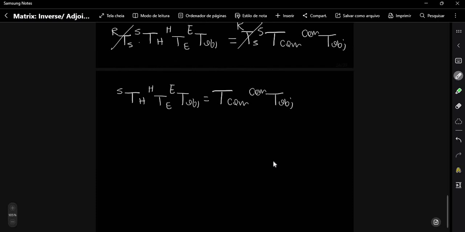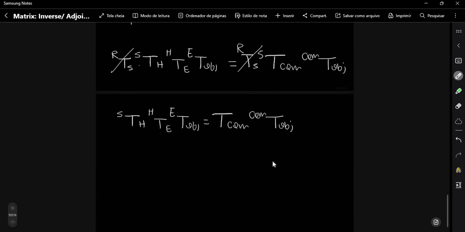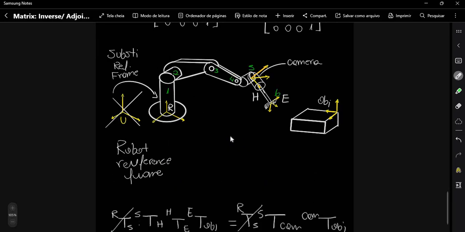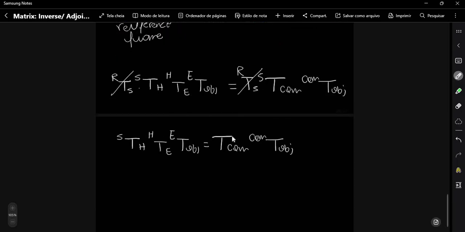And now notice that we cannot apply inverse transformations for any transformation. We can only apply inverse transformations for transformations that are known. And right here in this equation, the transformations that we know are the transformation of the frame E in relation to the frame H, so we can apply the inverse transformation for this one.